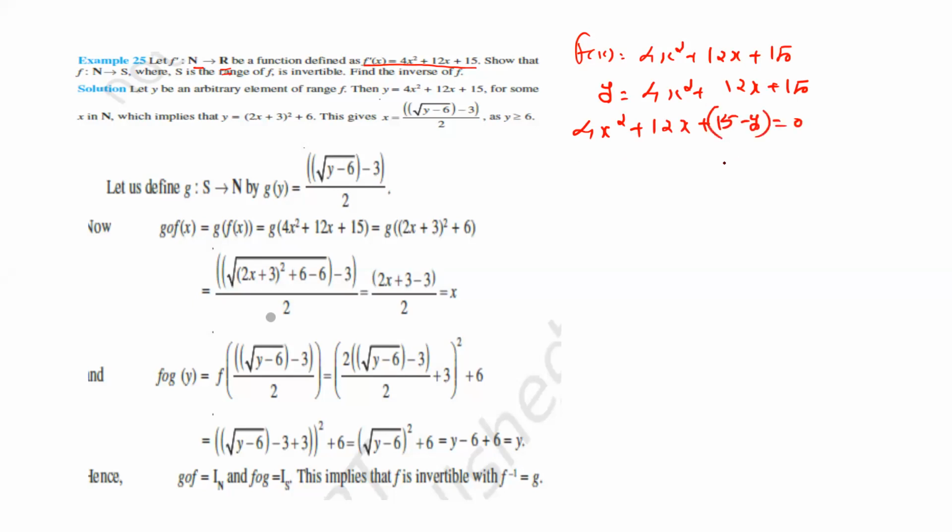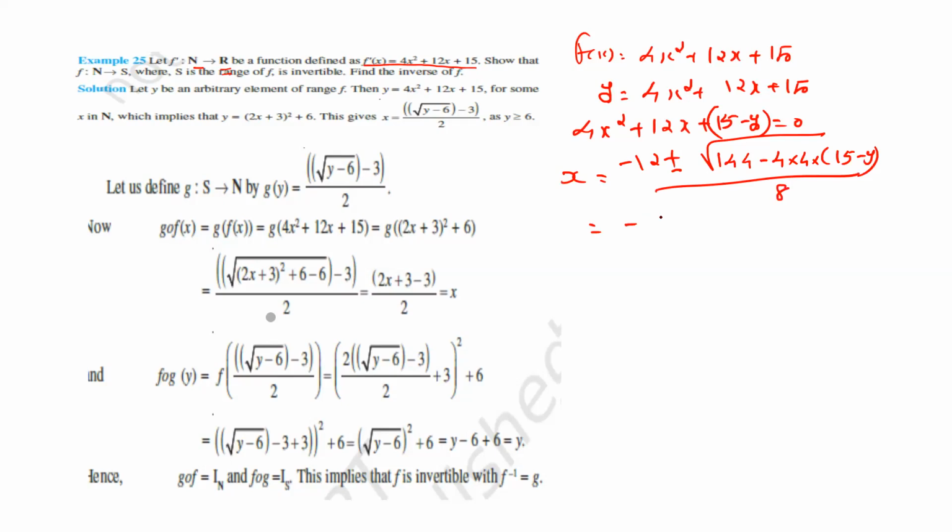This is a quadratic equation in x. So you apply the quadratic formula. What is the quadratic formula? Minus b plus or minus root of b squared minus 4ac by 2a. So minus 12 plus or minus root of b squared, that is 144, minus 4 into 4 into 15 minus y, by 8.